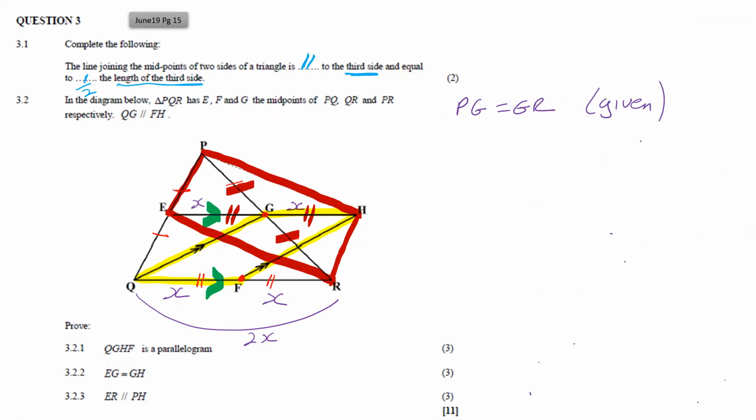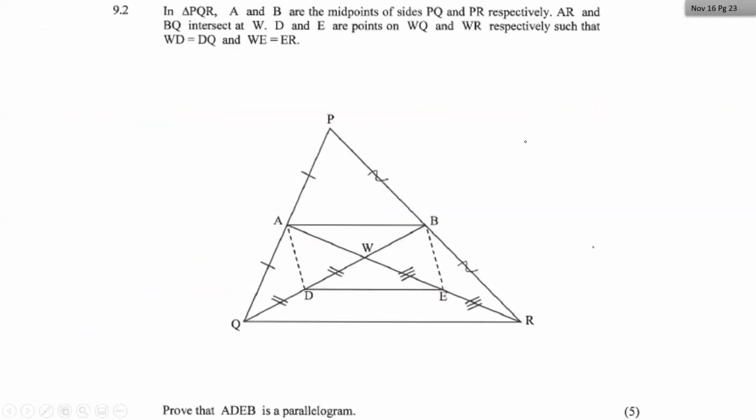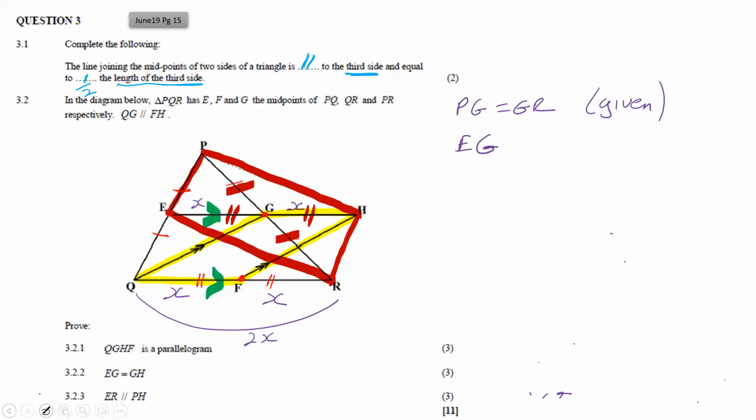They told us that G was a midpoint. Now, we just proved that EG is equal to GH. And the reason was that it was proved above, or proved in 3.2.2, whichever one you want.